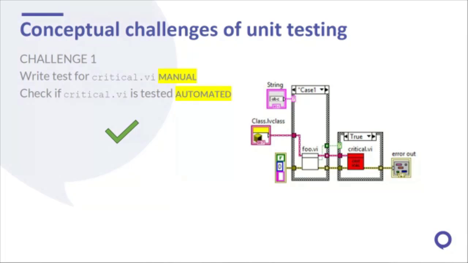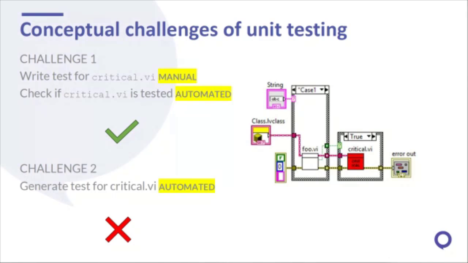The programmer thinks to trigger the critical VI, but another challenge is to check whether the critical VI is actually executed. There are ways in the LabVIEW ecosystem to automate this check through coverage measurement, and there are tools to measure coverage. So this is a done challenge, I would say.